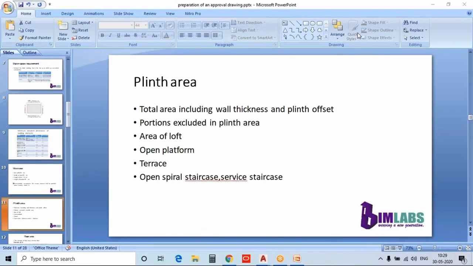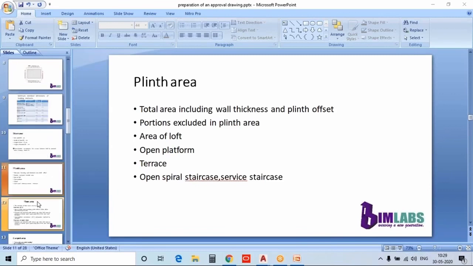So if you are doing an approval drawing, please consider all these things, and exclude as much as possible, like the area of loft, open platform, and terrace, while calculating the areas. This is the total area including the wall thickness.